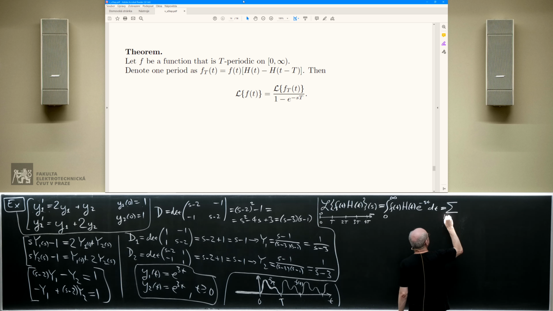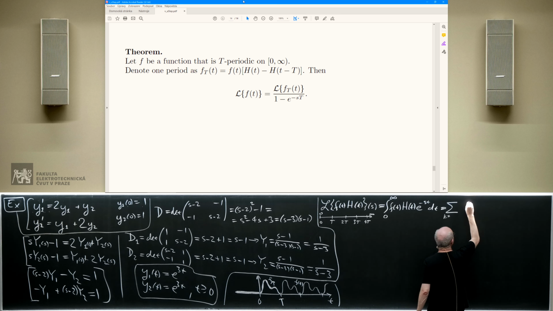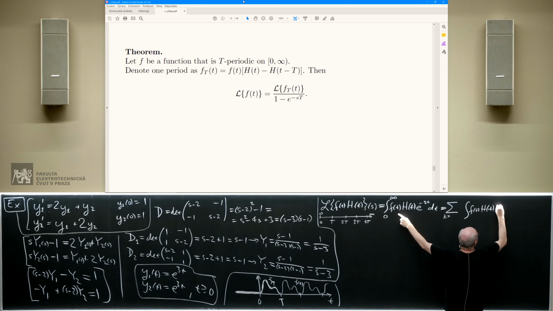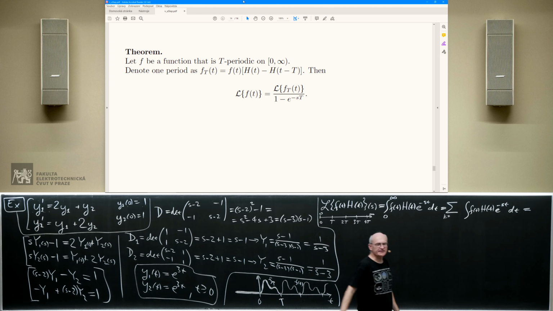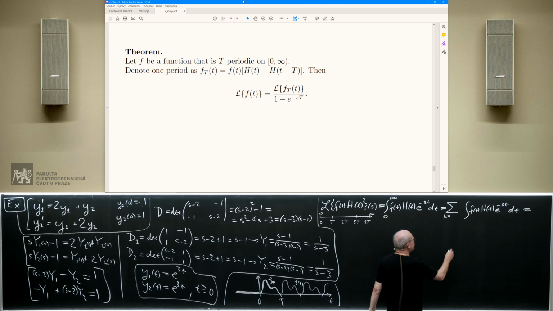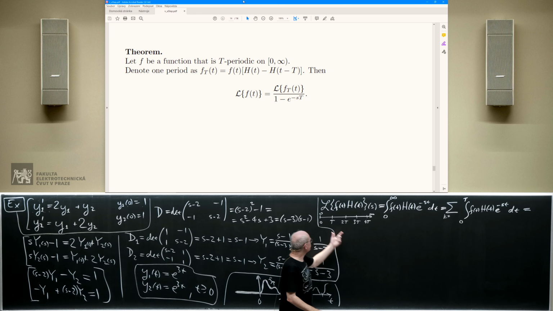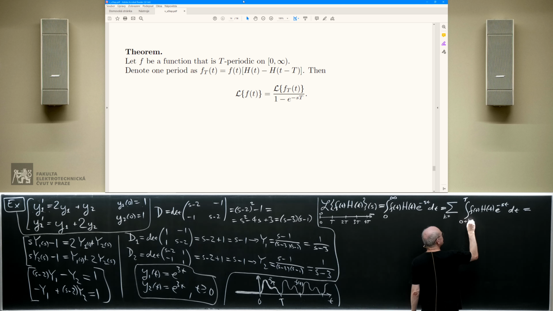Summation sign, using k to cycle, and the integral of f(t) h(t) e to negative st dt will be taken between, here it comes, the basic one is 0 to T, that's the one that I like. And then, to get to the other intervals, I'm going to shift by T, or by 2T, or by 3T, and so on. So I'm shifting by kT.